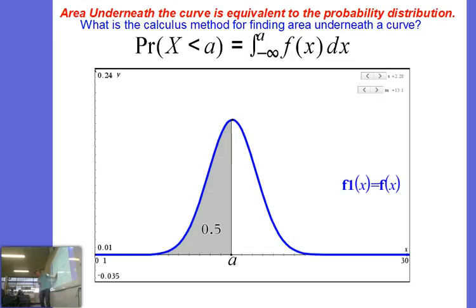Then the area enclosed in that region gives us the probability of observing an x value equal to or less than that amount.